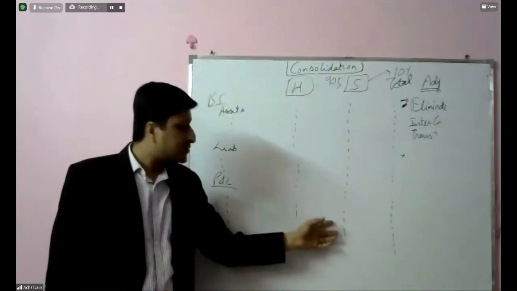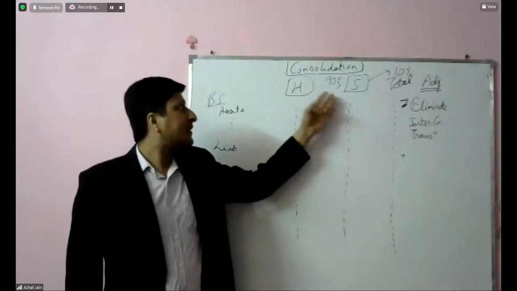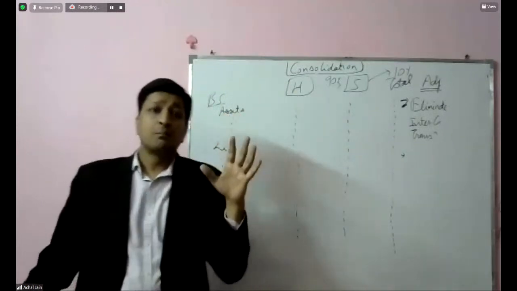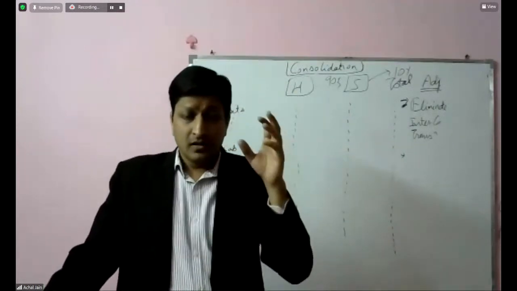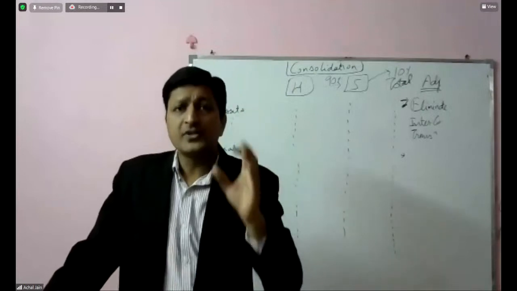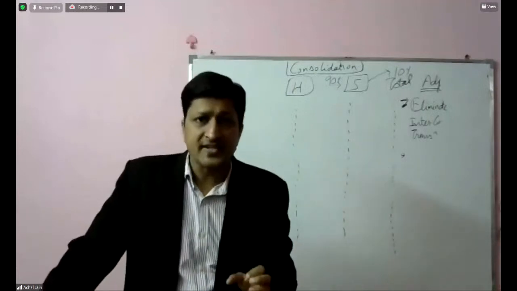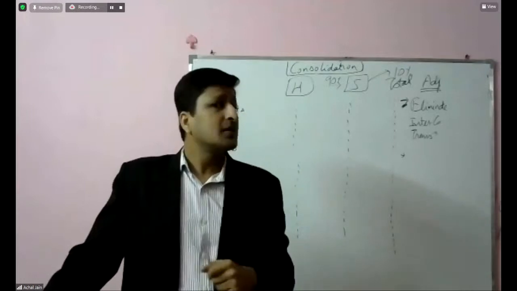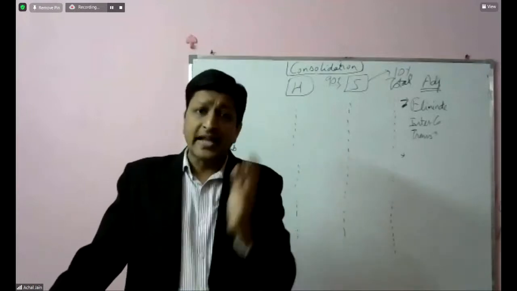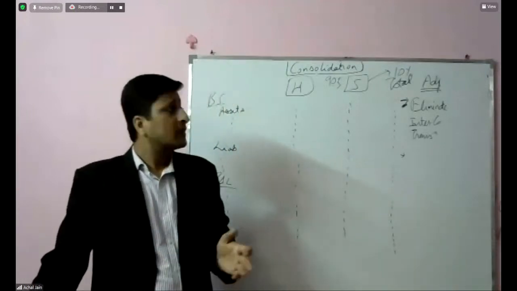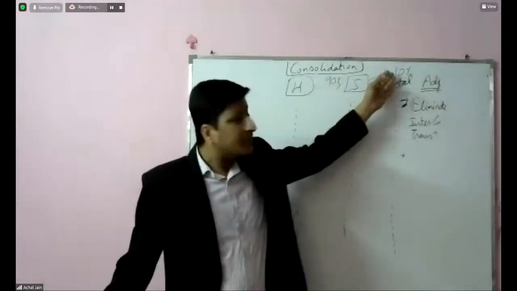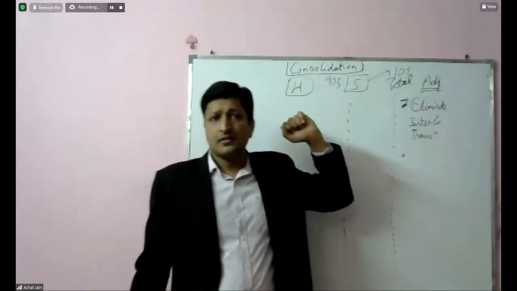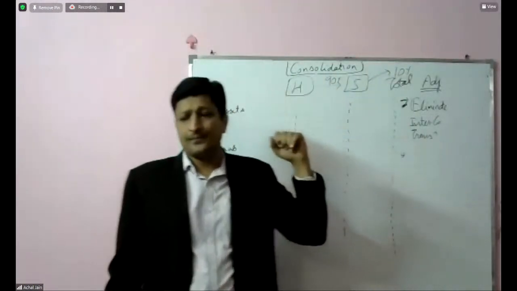H. 100% reserves of S. Who has picked up? H. But can we say that 100% interest of S is held by H? The answer is no. 10% interest is held by other parties, which is a minority.